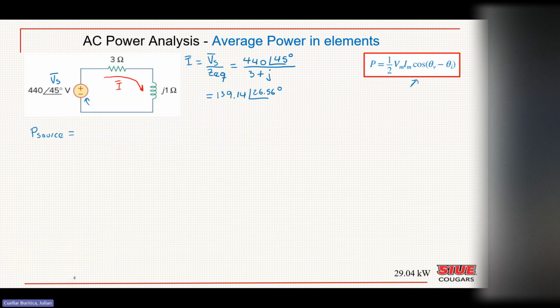That's going to be Vm. What's Vm? 40 times Im, 139.14, over 2 cosine, don't forget the negative sign here, cosine of the angle of the voltage, 45 minus 26.56.